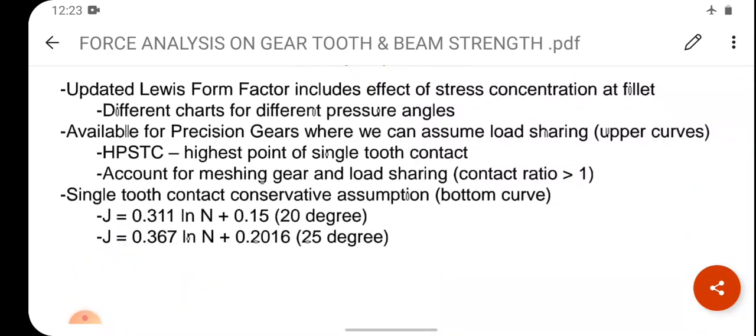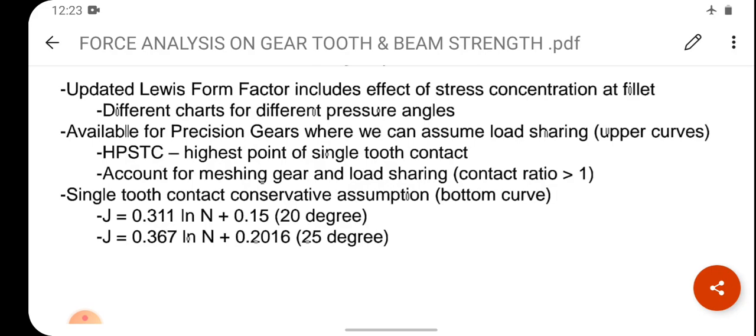So I'll explain this graph here with this statement. Updated Lewis form factor includes effect of stress concentration at fillet. क्या बेंडिंग स्ट्रेस हमने कैलकुलेट किया था टीथ का फर्स्ट ऑफ ऑल. So here the updated Lewis form factor includes effect of stress concentration at fillet. Different charts for different pressure angles. यहाँ पर डिफरेंट चार्ट है डिफरेंट प्रेशर एंगल्स के लिए.